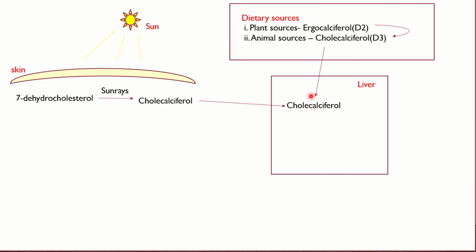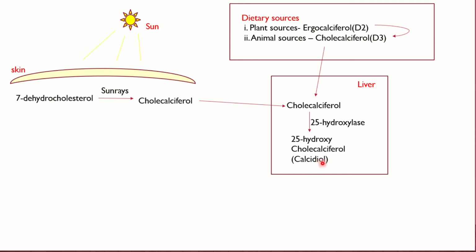Cholecalciferol in the liver is acted upon by the enzyme 25-hydroxylase. As the name suggests, this enzyme adds a hydroxy group at carbon number 25. The new compound formed is 25-hydroxy cholecalciferol, also known as calcidiol.